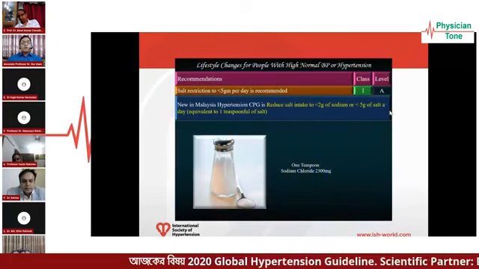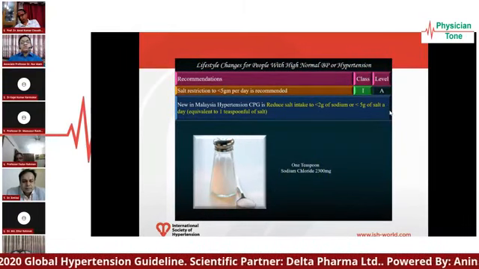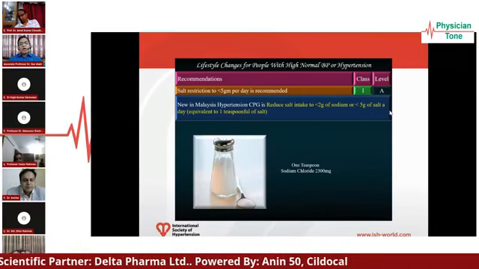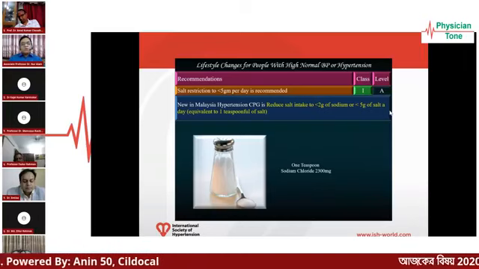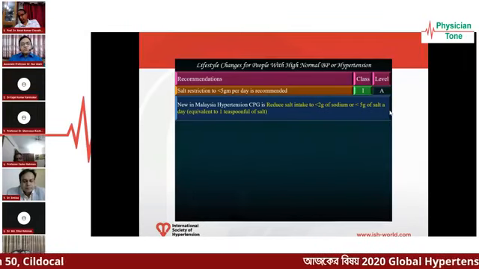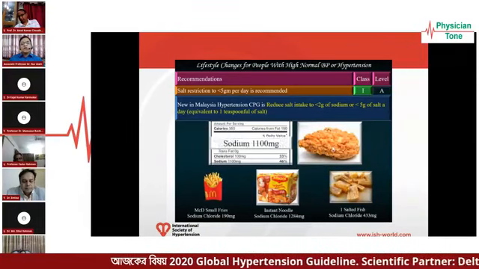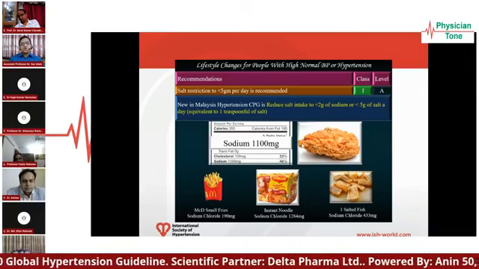So we can look at the recommendation for salt. The recommendation is to take salt less than 5 gram per day, and in case of sodium, less than 2 gram. But we should be cautious with these numbers: a single piece of fried chicken contains 1100 milligram sodium, while the limit is 2 gram sodium only.